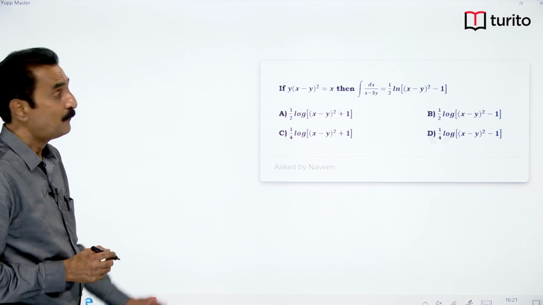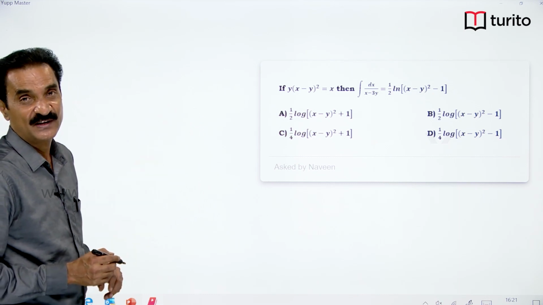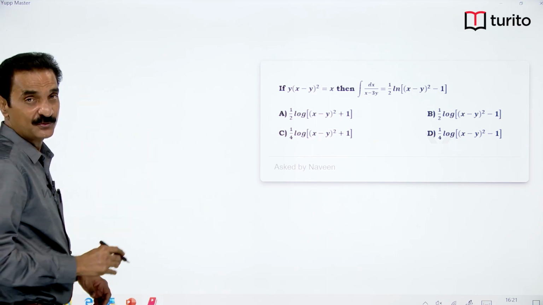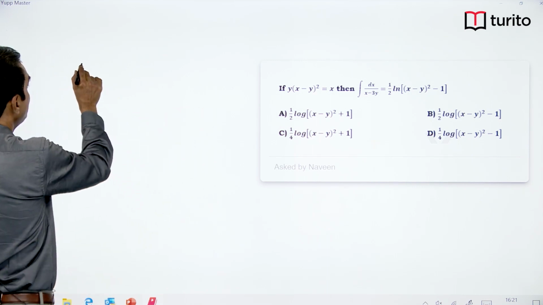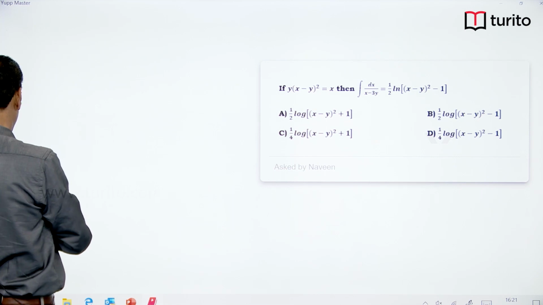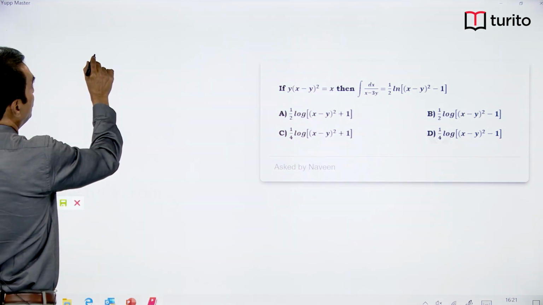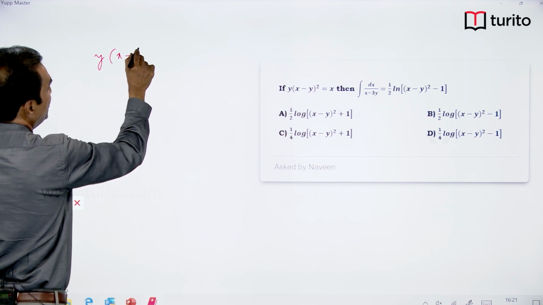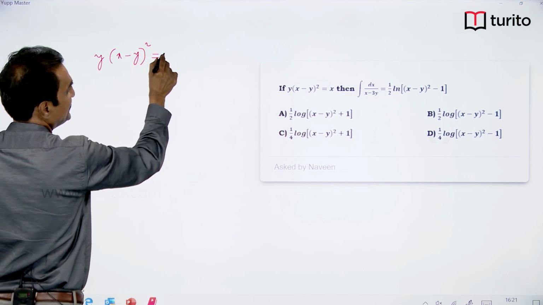Now, let us take up the question asked by someone. If y into x minus y whole square is equal to x, it is not visible to you, it seems, so I will write it again. y into x minus y whole square is equal to x.